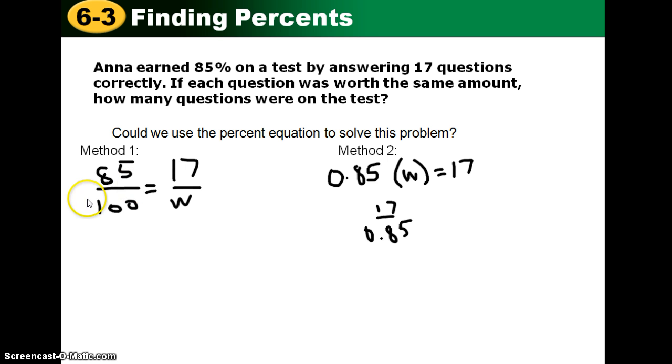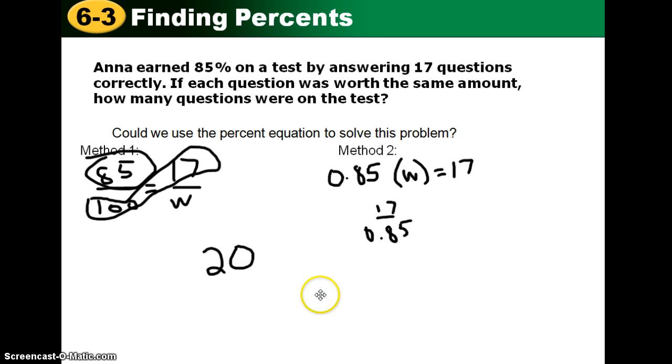And if I use method 1, I would cross multiply 17 times 100 and divide by 85. No matter which method I use, we find out that there were 20 questions on the test. Always make sure to check your answer and make sure that it's reasonable and that it makes sense in the situation, in case you had a number put in the wrong place.